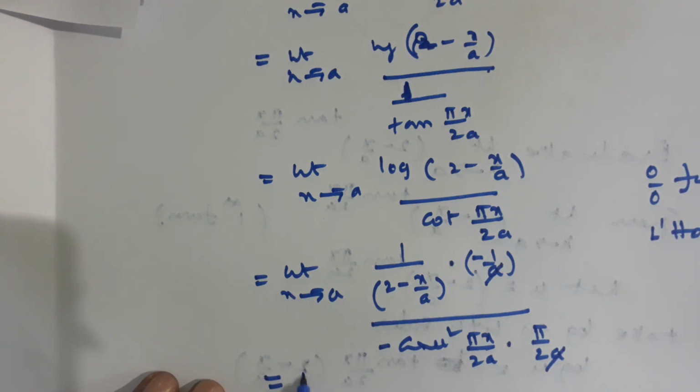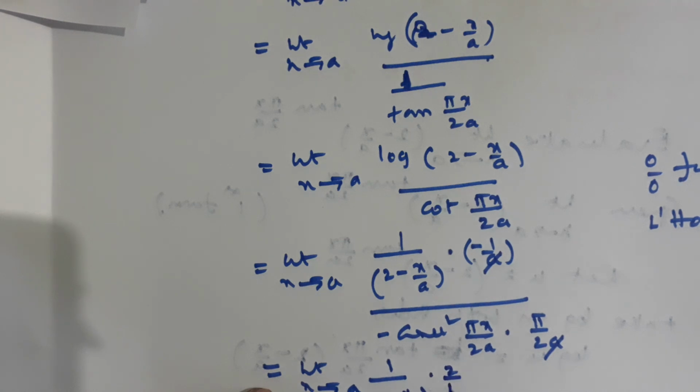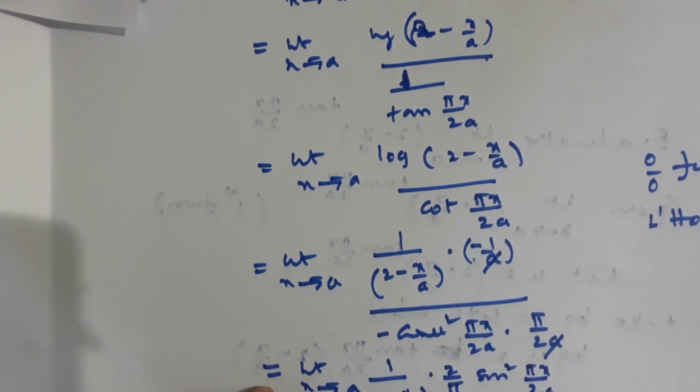Or is equal to, you take one more step for your convenience, it is 1 by (2 minus x by a) into 2 by pi into sine square pi x by 2a.